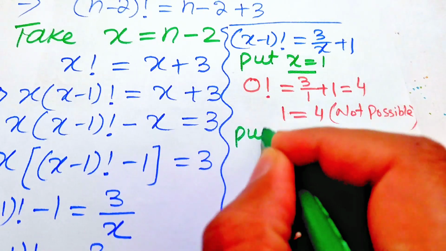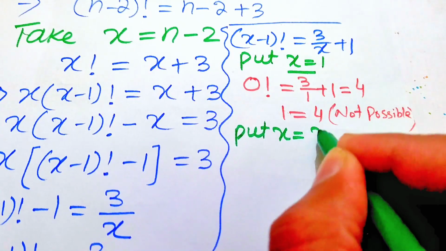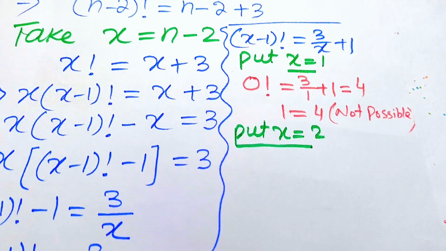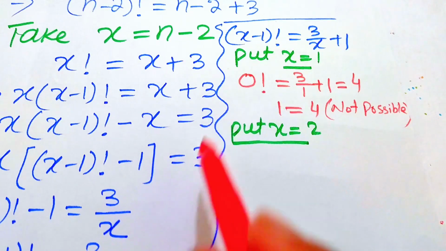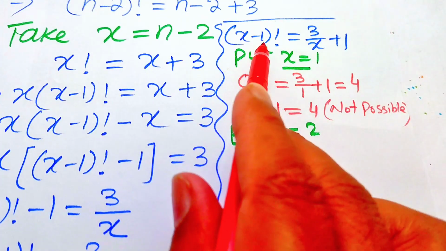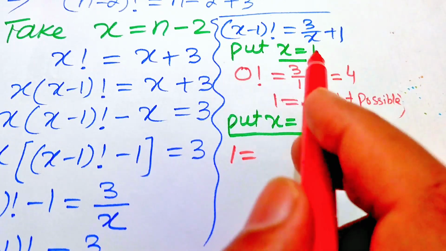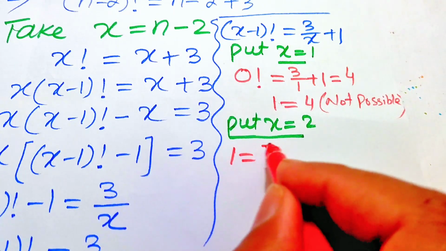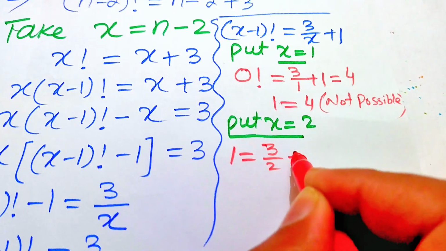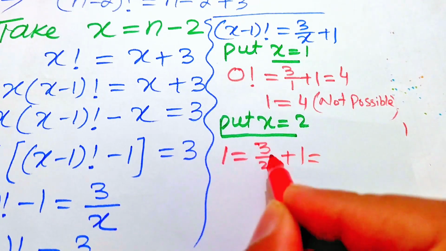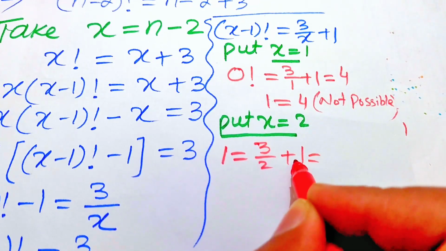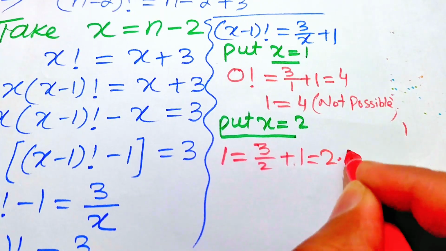And now we check it at x equals 2. So now we substitute x equals 2 into this equation, and we have 2 minus 1 is 1, and 1! equals 1, and here we put 2, so it becomes 3 over 2 plus 1, and we know that 3 over 2 is 1.5, and 1.5 plus 1 becomes 2.5.